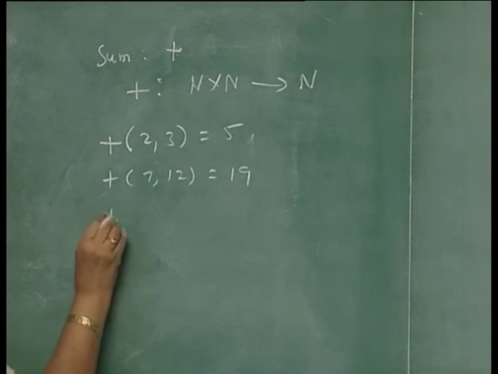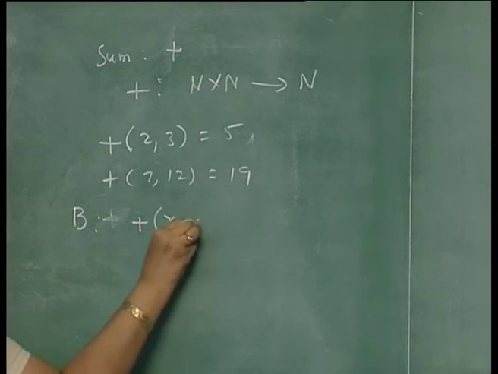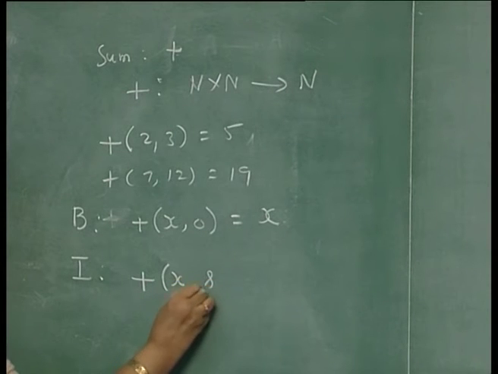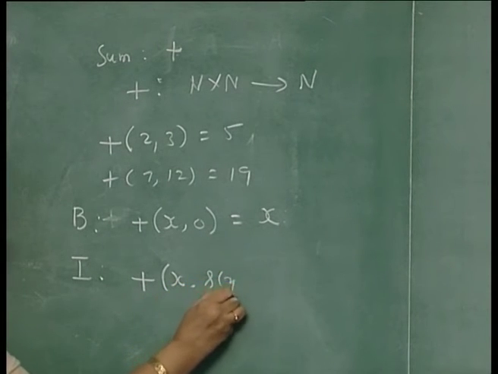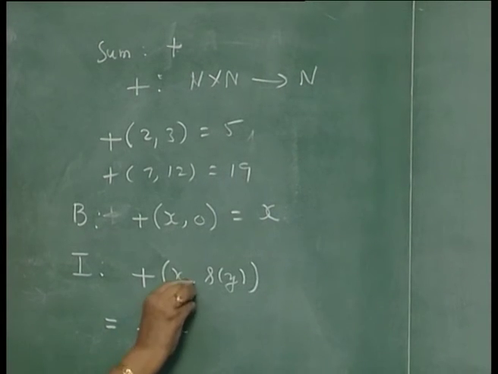So, plus, the basis clause, you can define like this: plus of a number x with 0 is x itself, isn't it? If you add 0 to any number, you will get x. So, you can define like this. Now, the induction clause here will be something like this: plus of x with the successor of a number y will be equal to successor of plus of x comma y.